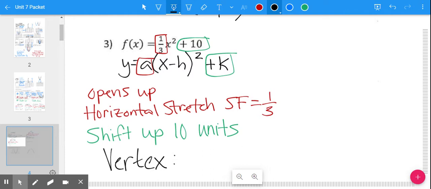So the h value, there's nothing inside of a set of parentheses with the x value. Therefore, your h value is represented by 0, because when you subtract 0, nothing changes, and it just leaves you with that x squared. And then on the outside, we have a positive 10. So that's the other half of your vertex, the y-coordinate of your vertex.